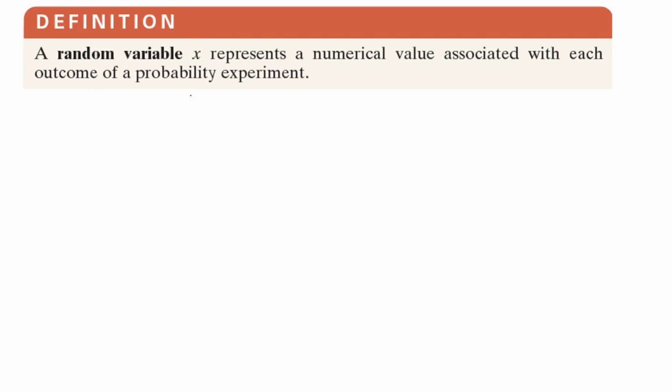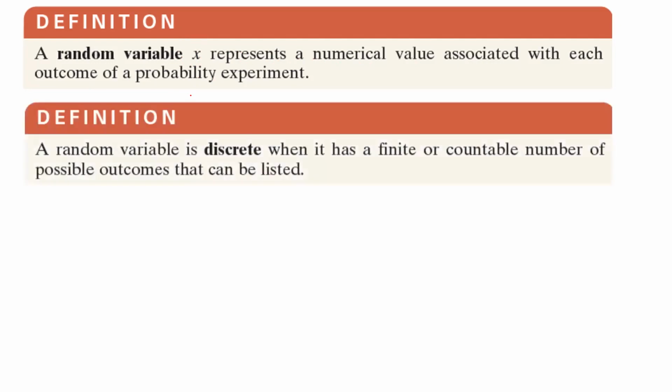In this class, we're going to discuss 2 types of random variables. One of them is called a discrete random variable, which is a random variable that has a finite or countable number of possible outcomes. We can easily list those outcomes.